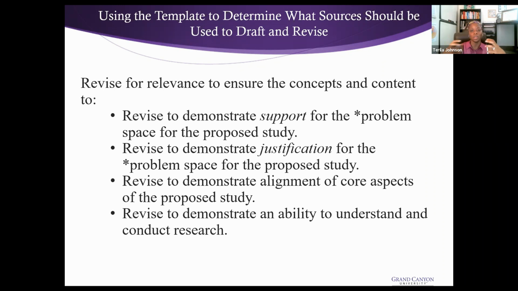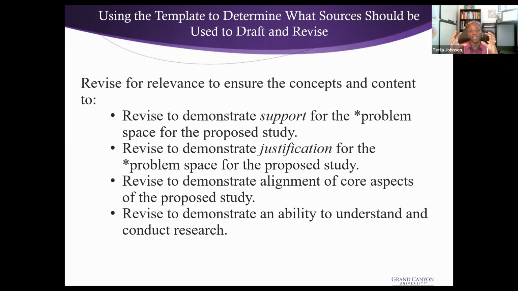Your dissertation is not to redo what is already known. Your dissertation is actually to look at, investigate, examine, explore, those types of things, what is not known, right? But in order to do that, you need to provide support based on what is already known.